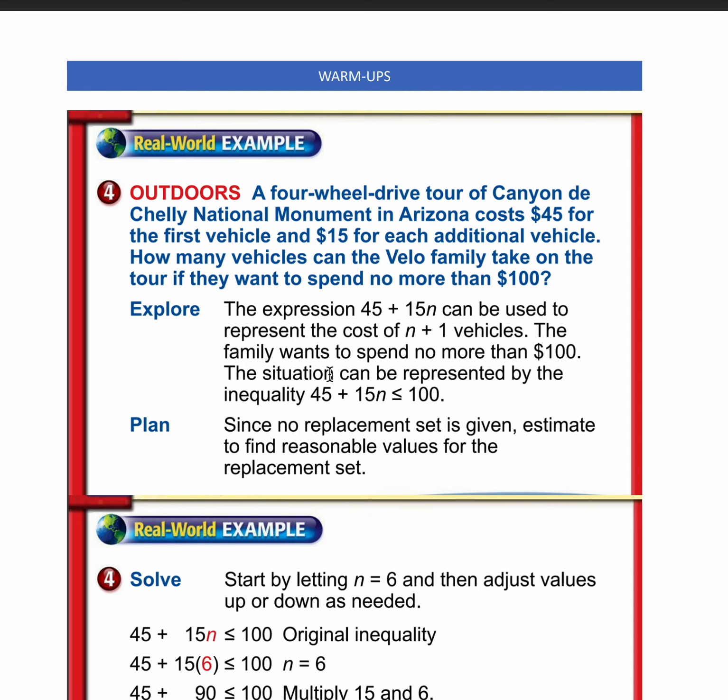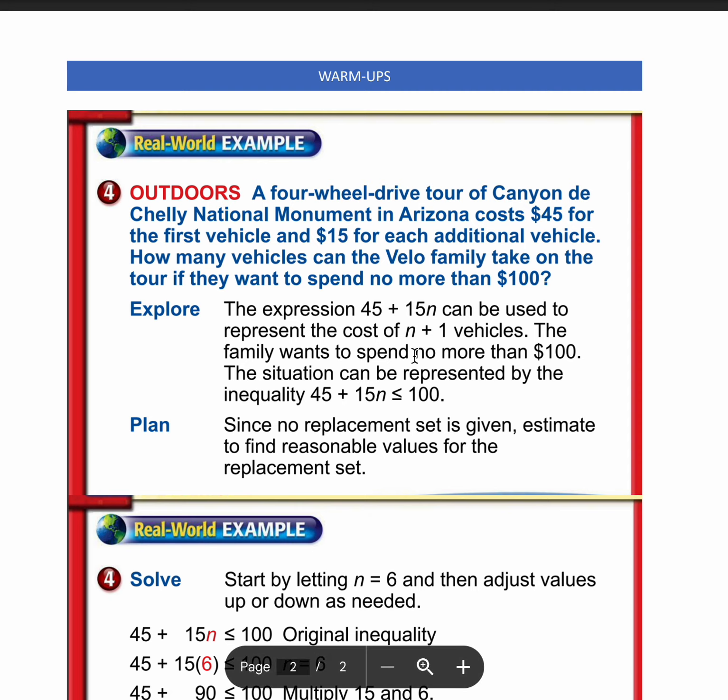Now, this is your initial value. $45 is the initial value plus 15 times n, where n represents the number of additional vehicles. So it can be used to represent the cost of n plus 1 vehicles. For every additional vehicle, you're going to substitute 15 times n, because the cost of the first vehicle is $45.